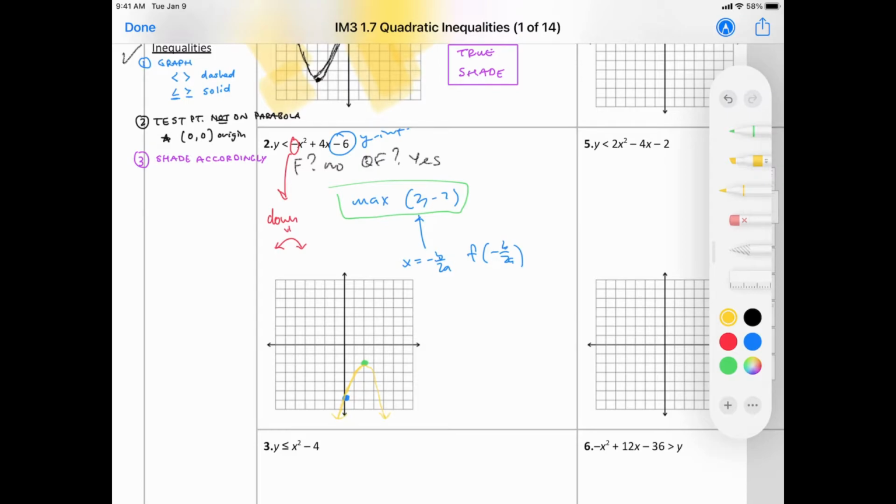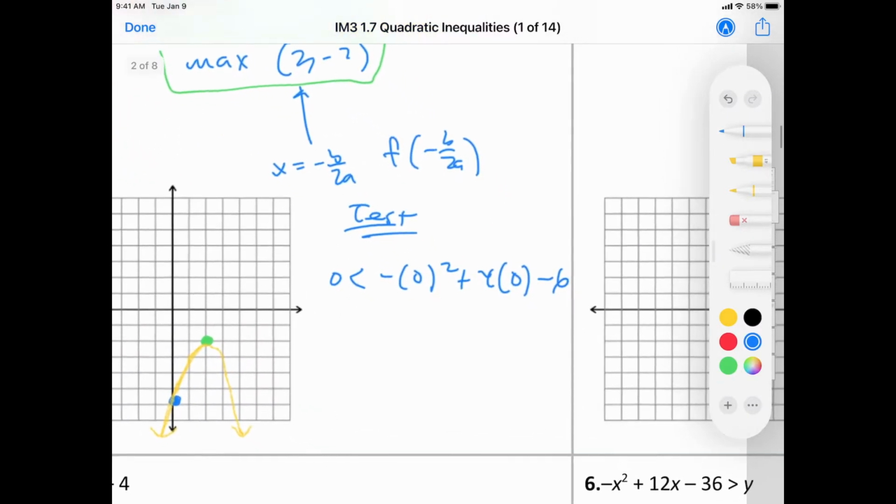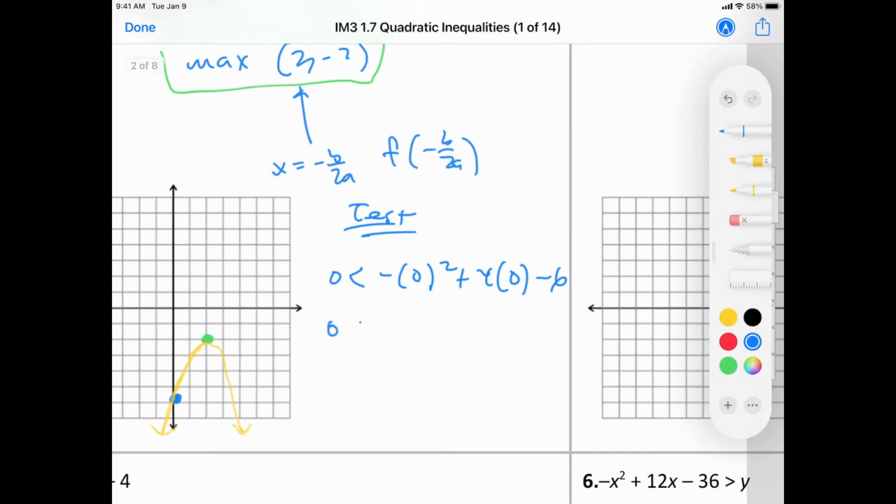Okay, so then let's go ahead and just test this. So I'm going to put in 0, 0. Whoops, that's an inequality. 0 is less than -0 squared plus 4 times 0 minus 6. And 0 squared is 0, opposite of 0 is 0, 4 times 0 is 0, and is 0 smaller than -6?